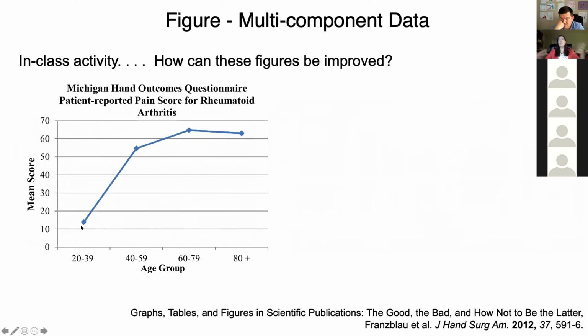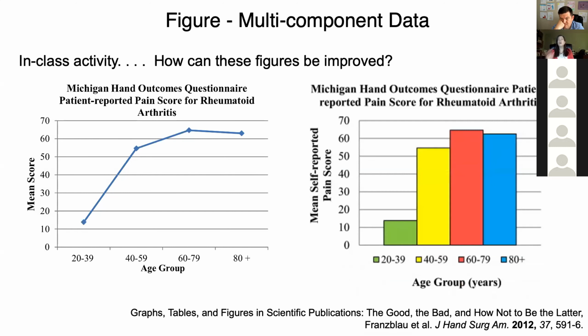Why they drew a line between all of this data makes no sense, because these are four separate groups that are reporting on their pain. A much more appropriate way of depicting this data would be histograms and columns, because it doesn't imply a relationship between the data. So the point here is that you really want to depict the data accurately without trying to overinterpret.